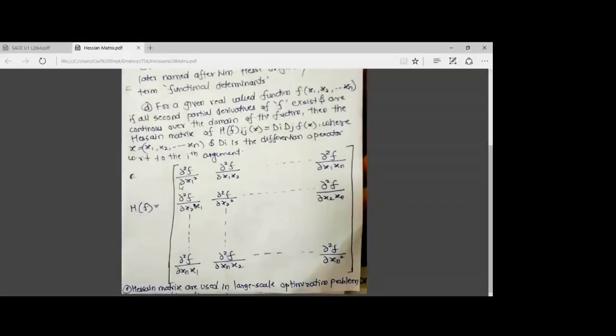The first row you will be devoting to the x1 value. So the first variable is to be given the priority. So del square f upon del x1 square. So here we could write x1, del x1 and del x1, what does it become? It becomes del x1 square.